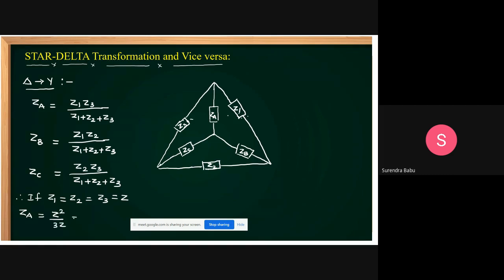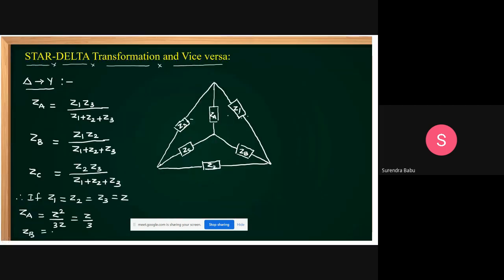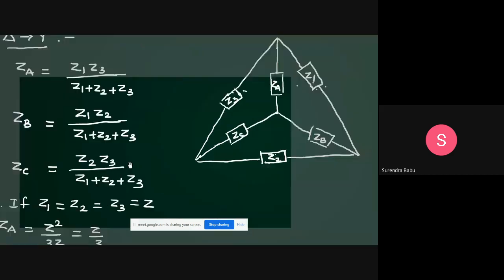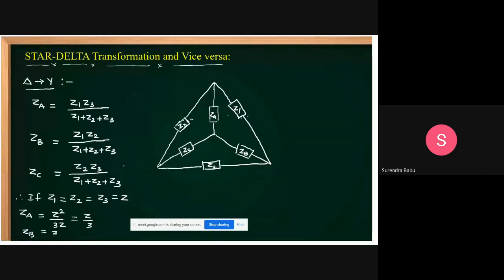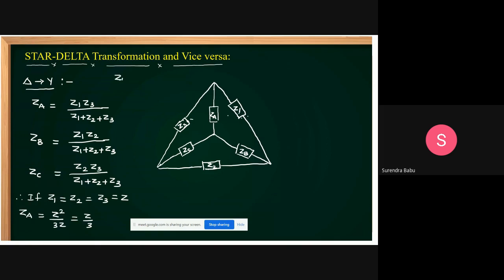Z square by 3Z means Z by 3. Similarly, even ZB also you can get Z by 3. This I am writing here. Even ZC also you can get Z by 3.